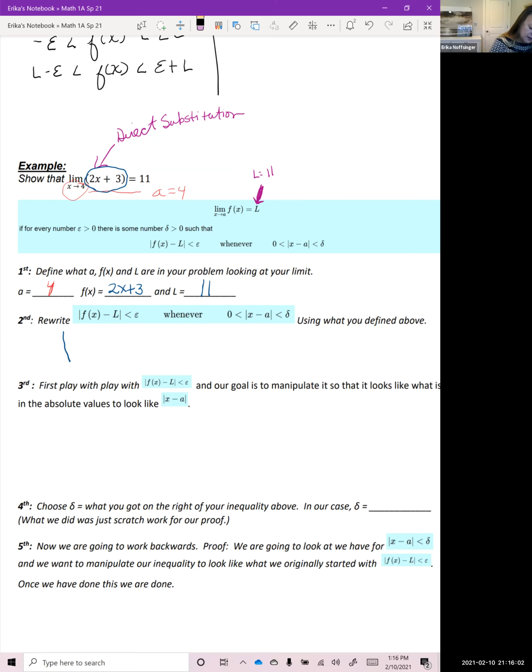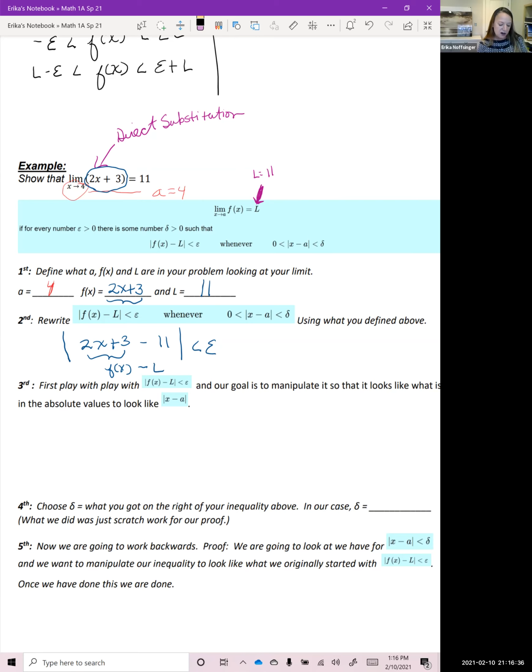The absolute value of f of x, which we just said was 2x plus 3, minus our L, and our L value in our case was 11. We want this to be less than epsilon. Okay, so we've set it up.